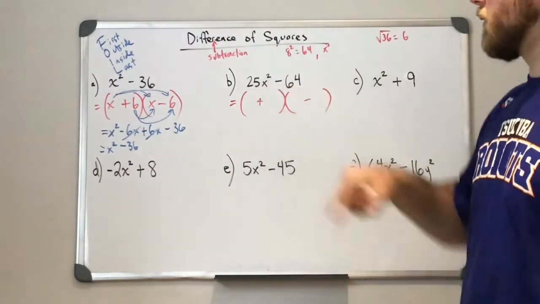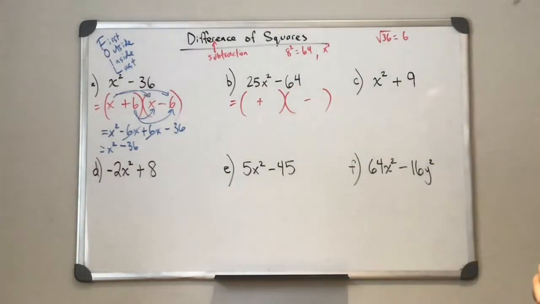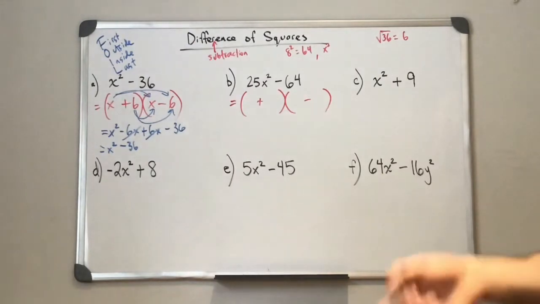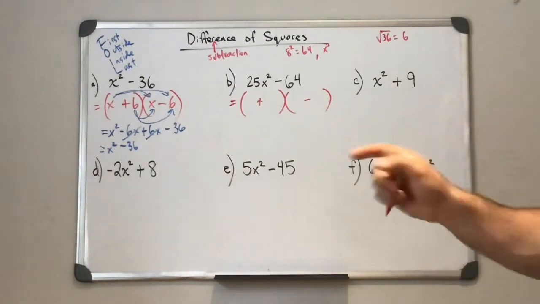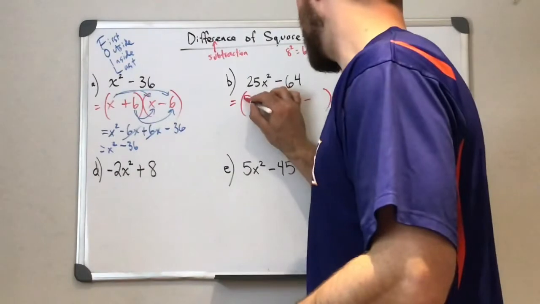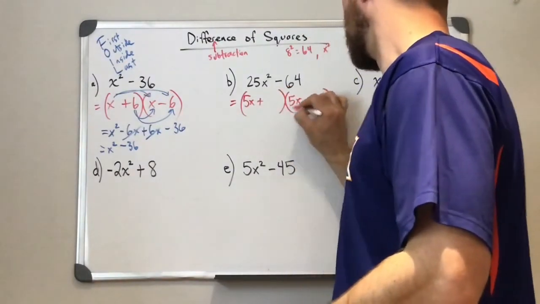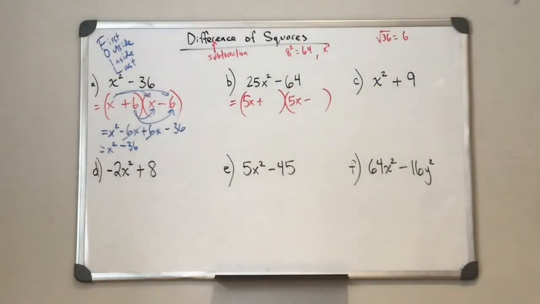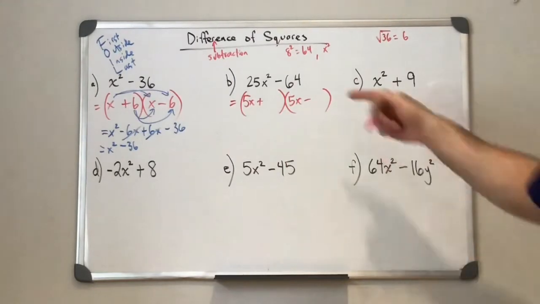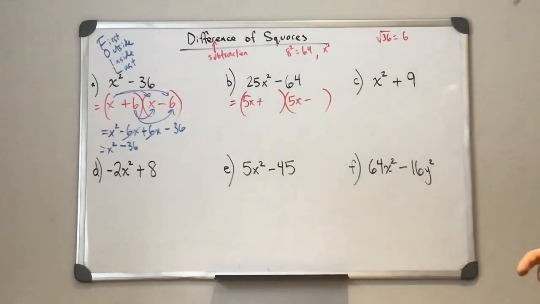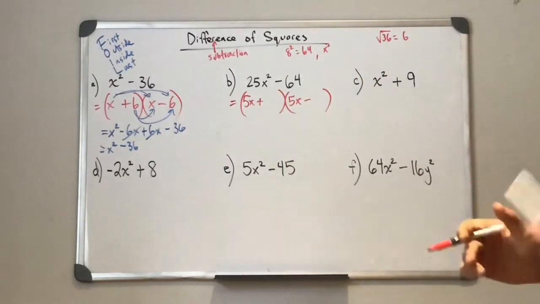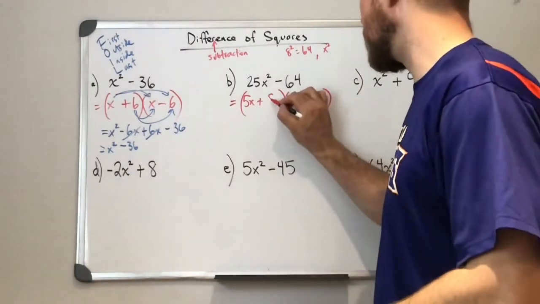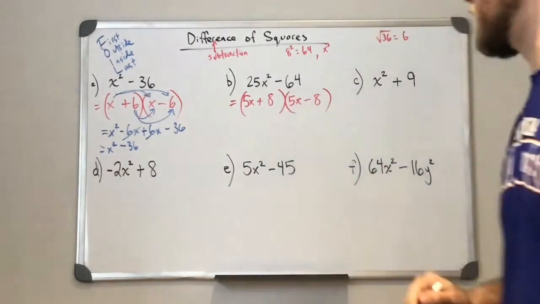Now if we square root 25x squared, the square root of 25 is 5 and the square root of x squared is x. We're going to have a 5x in the front of both sets of brackets. Now the square root of 64, if you punch that in your calculator, you'll get 8. So it'll be 5x plus 8 and 5x minus 8.